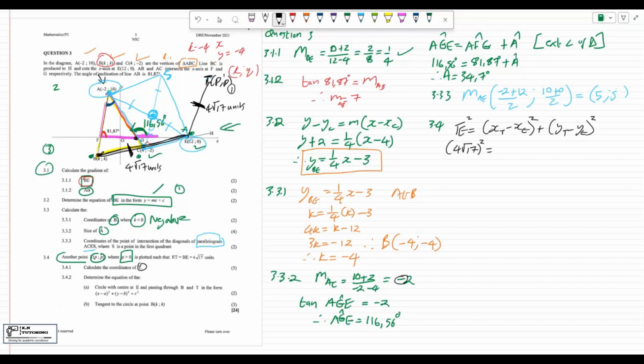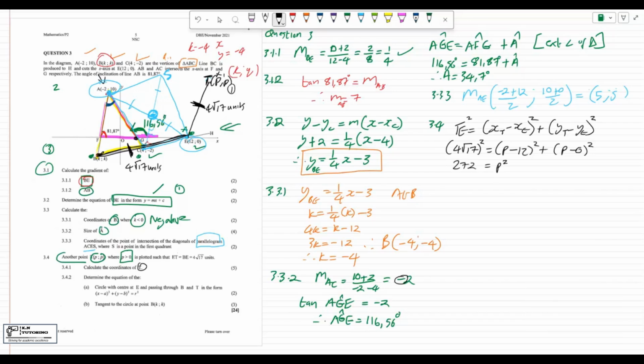What is X at T? X at T is p. So it's going to be p minus X at E, which is 12, squared, plus Y at T, which is also p minus 0, squared. So I've got one formula, one variable. I need to solve this. The left hand side is going to give me 272. Then I'm going to FOIL this.